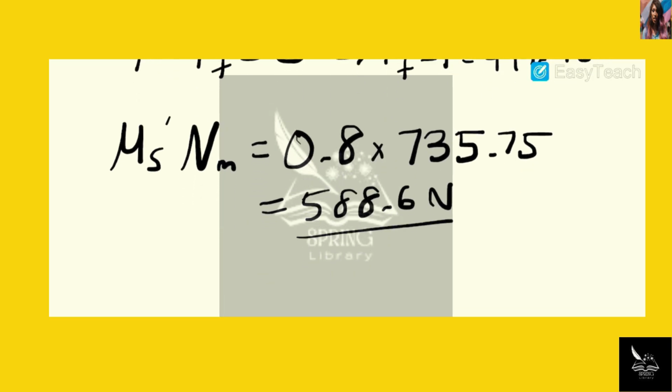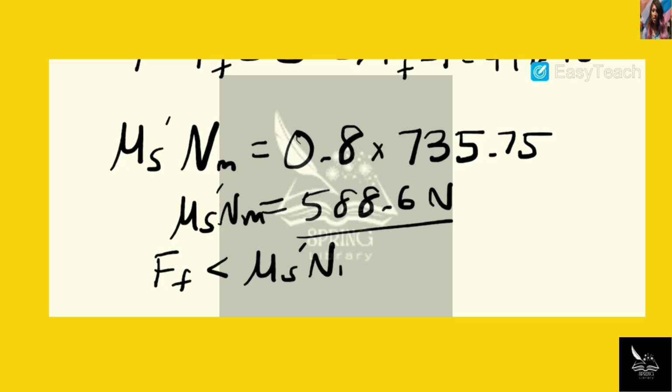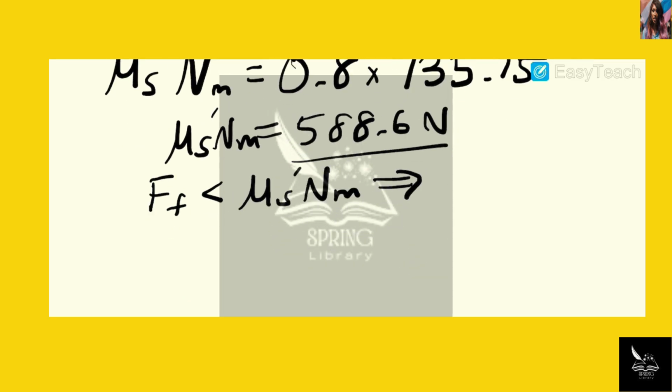This value, mu s prime N m, is greater than the friction force that is required to keep the man moving the crate. So what that means is that FF is less than mu s prime N m. Therefore, we can say that the man can move the crate.